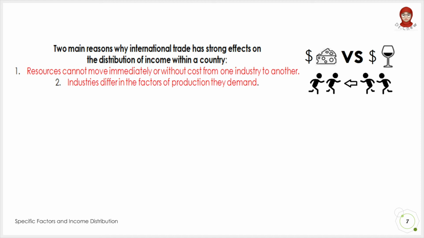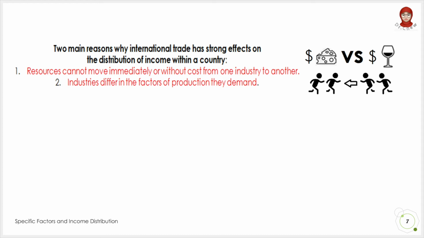And whoever quits work, let's say in the cheese industry, will cause the cheese industry to close down or shut down its operation. So, while trade may benefit a nation or a country as a whole, it often hurts significant groups within the country in the short or long run.